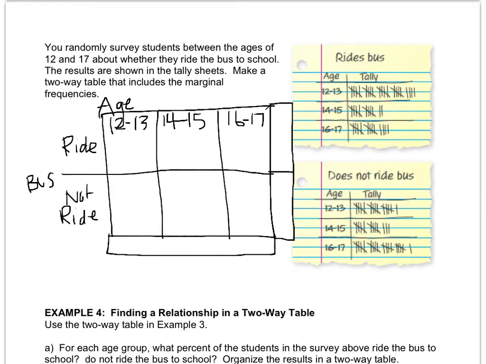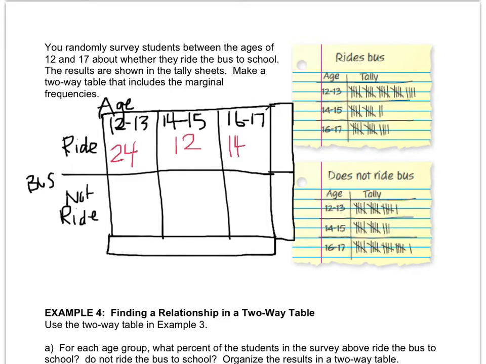All right, so how many people are 12 to 13 and ride the bus? That's 24. How many people are 14 to 15 and ride the bus? That looks like 12. How many people are 16 to 17 and ride the bus?